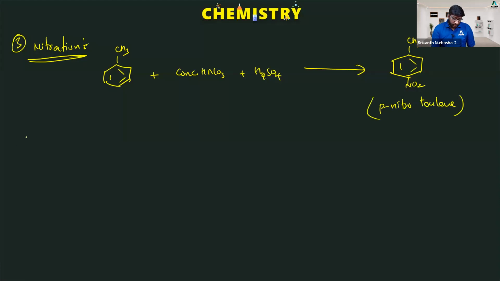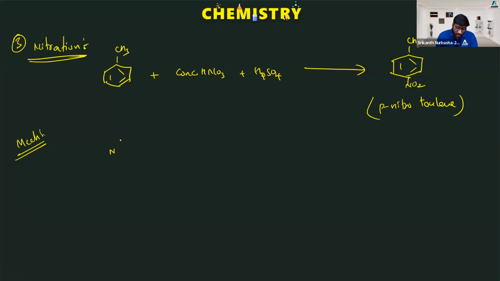The reason here, the mechanistic approach: generation of the electrophile. Step 1: HNO3 and H2SO4 both are strong acids, but when compared to HNO3, H2SO4 is even stronger. How to compare whether a particular acid is stronger? Based on Ka values. How are the Ka values obtained? Based on the stabilities of the respective conjugate bases.